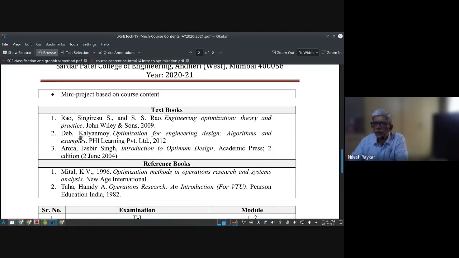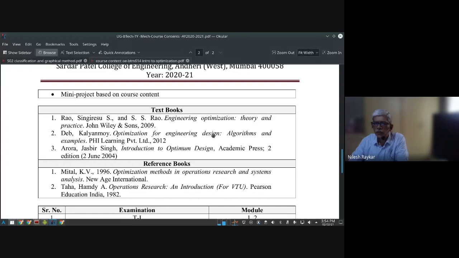And for the programming part, for writing the algorithms, I'll be using this very nice book by Professor Deb about optimization in engineering design. It gives a lot of algorithms, which is what is practically important. One part is theory, which we are doing now.